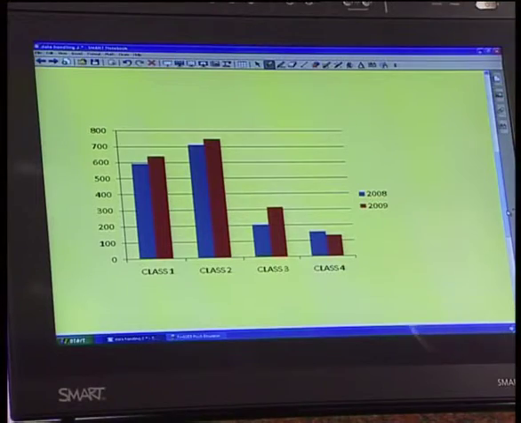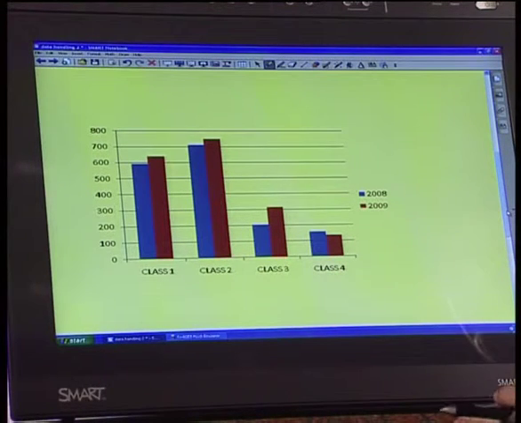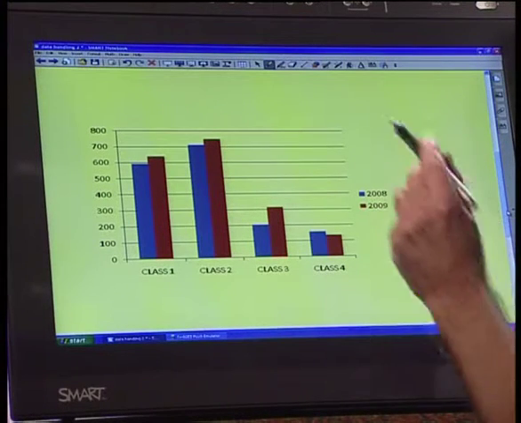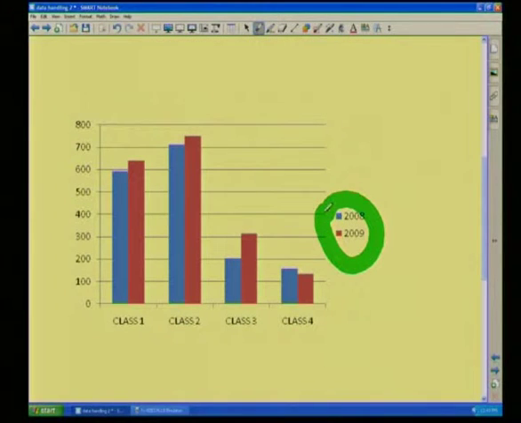Notice in this bar chart that we have 2 columns, a blue and a red, for each of the different classes. You can see on our little chart here that they have given us what those red and blue columns mean. The blue is the year 2008, and the red is the 2009.